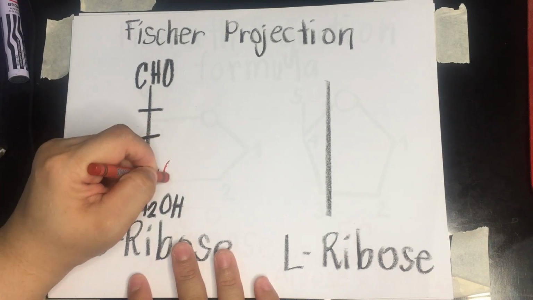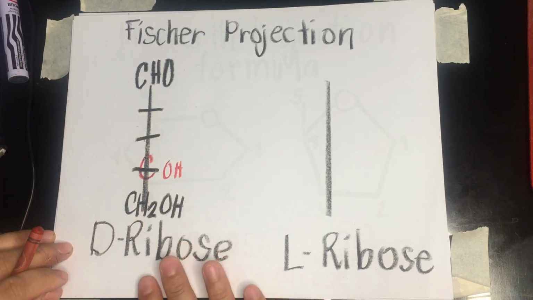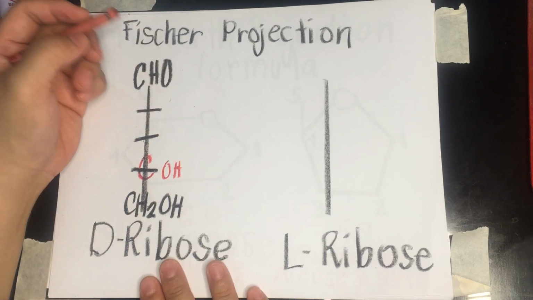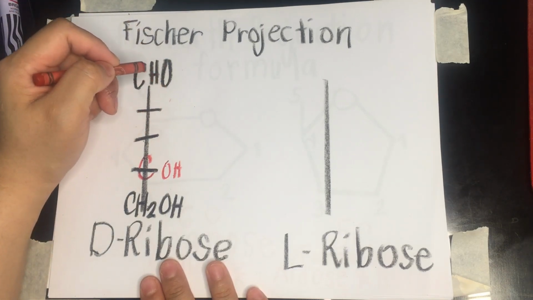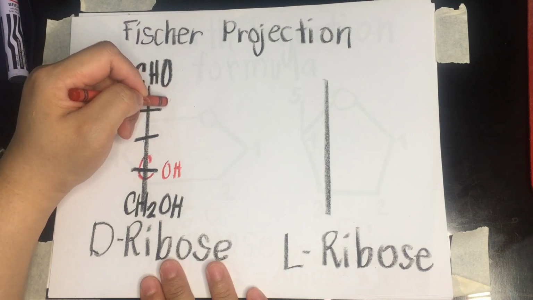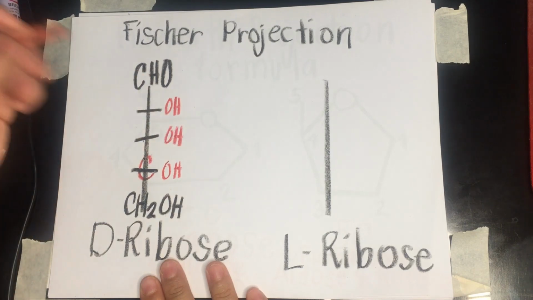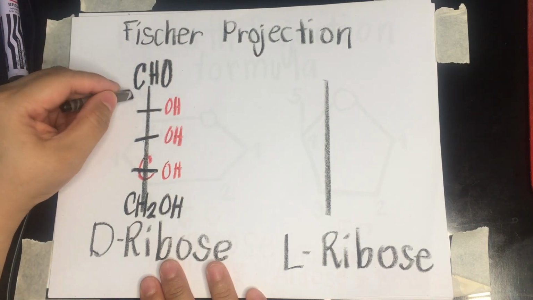So we are going to place it on the right side. Then we are going to continue the structures for D-ribose. What is good about ribose is that all of the hydroxyl groups are located on the right side. And then we may complete the pair.